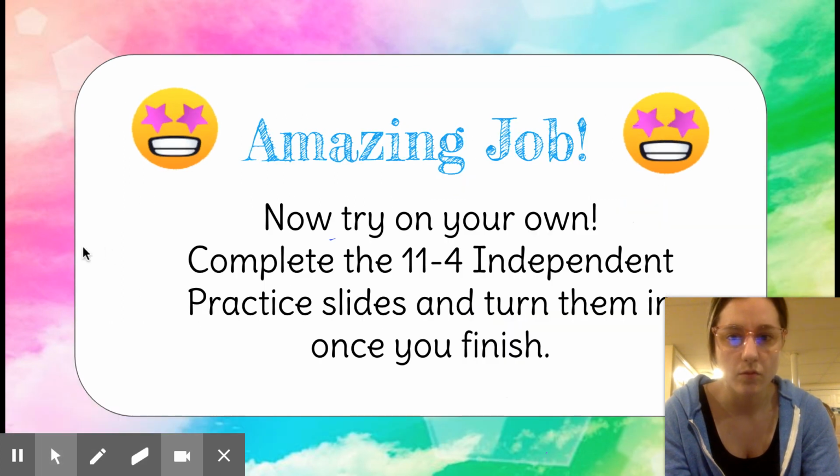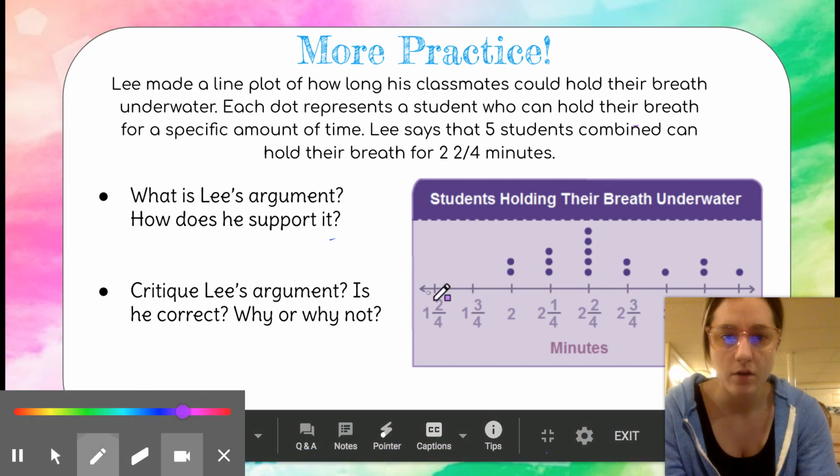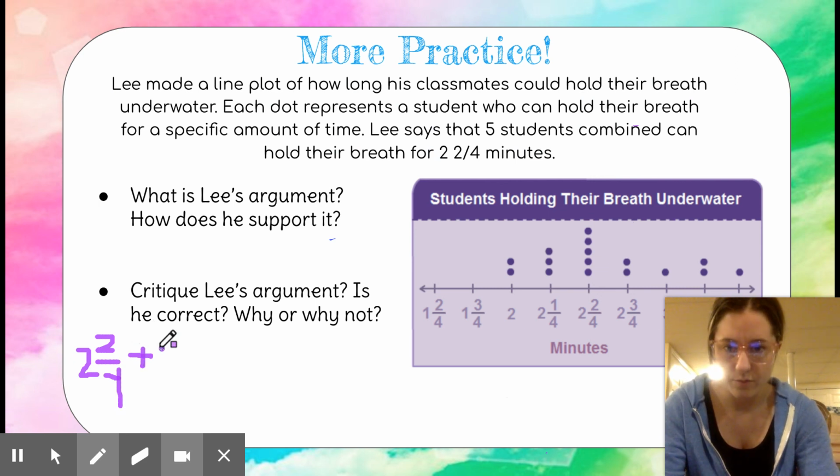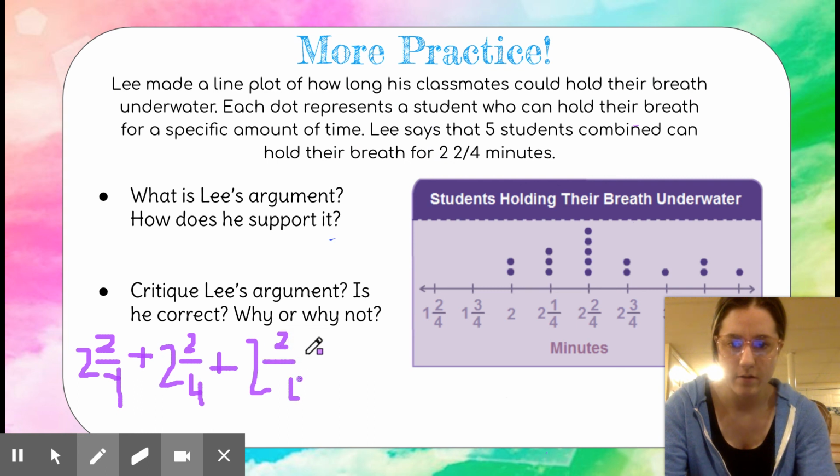Okay, so let's do that. 2 and 2/4 plus 2 and 2/4, and you should be doing this too, match your answer to mine, plus 2 and 2/4, 1, 2, 3, 4, plus 2 and 2/4 equals.